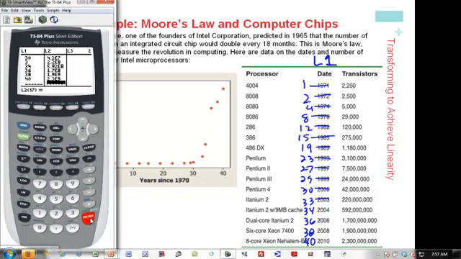Anyone need more time getting data in? All right. So I've got my data in.